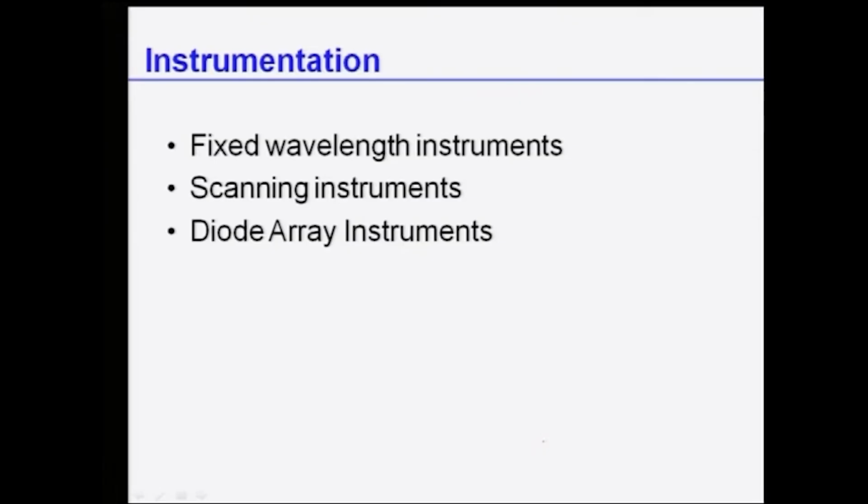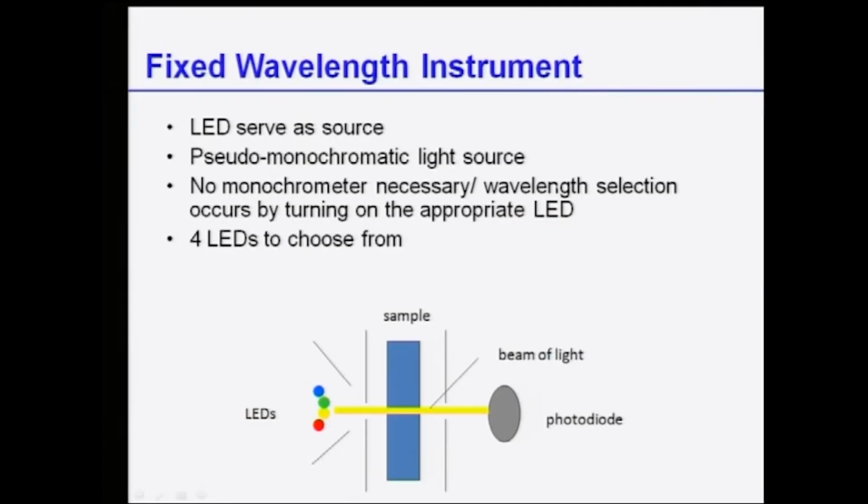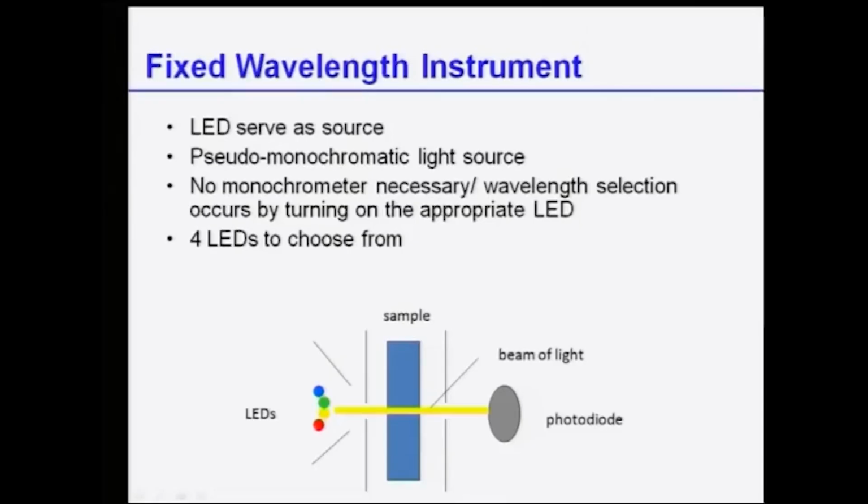Now, there are different kinds of instruments that can be used: a fixed wavelength instrument, a scanning wavelength instrument, or a diode array instrument. The most recent one is the diode array. In a fixed wavelength instrument you have an LED, a light emitting diode, as the source. There are green LEDs, blue LEDs, all kinds of visible LEDs: red, yellow, green and blue.